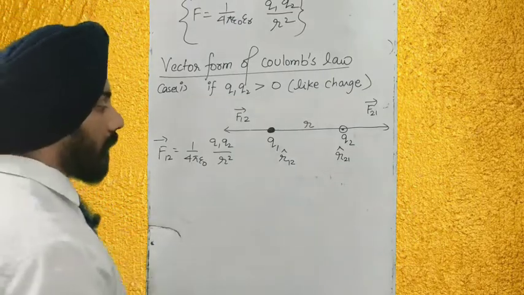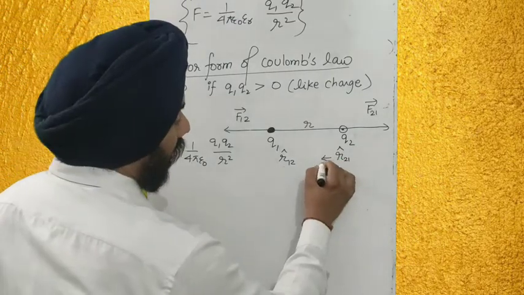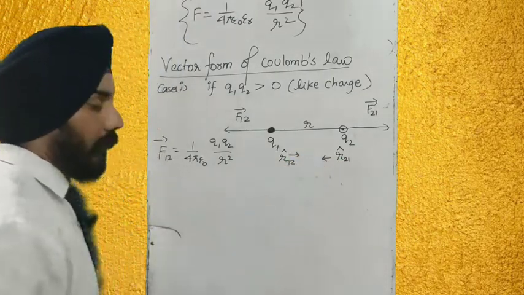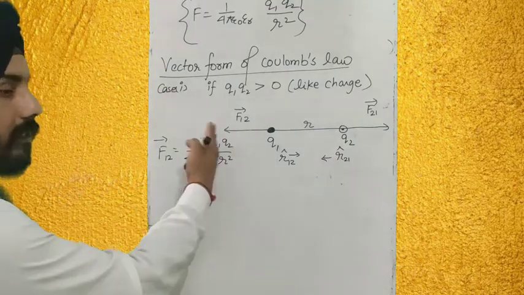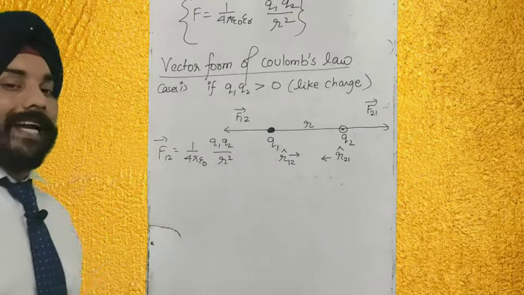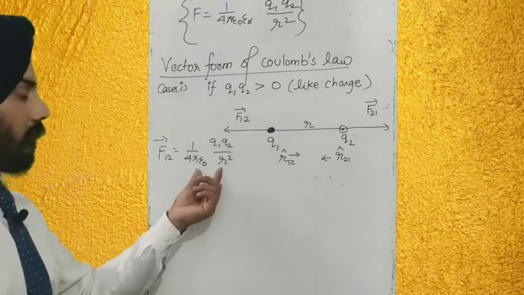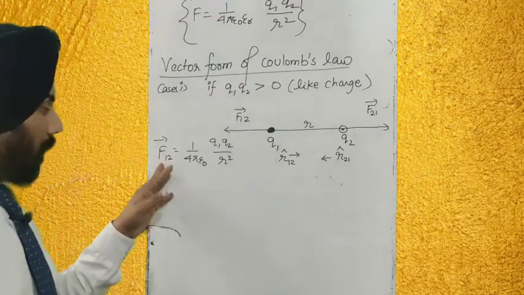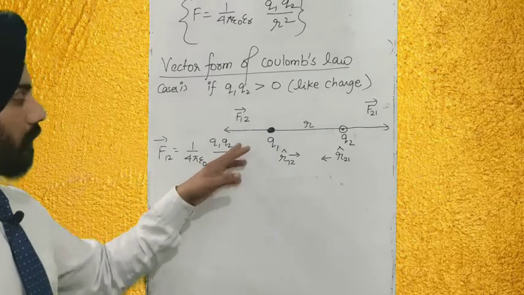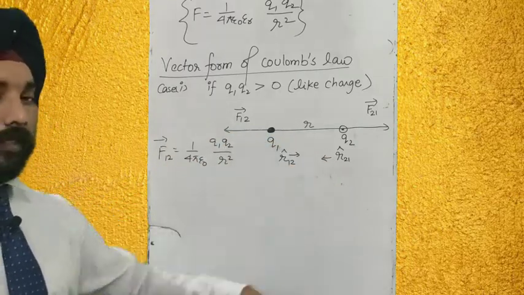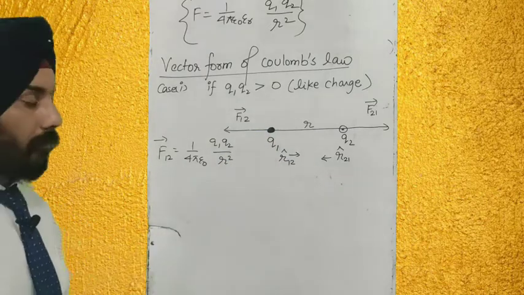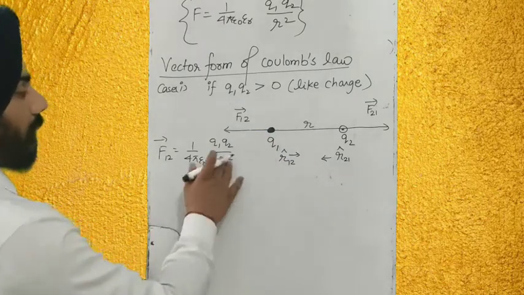So this I think you have understood. What is the function of the unit vector here? Why are we introducing it? Because the quantities given on the right hand side of the expression of force are scalar. So to represent this vector quantity, we must multiply the scalar quantity with a vector quantity, a unit vector, so it will get a direction.